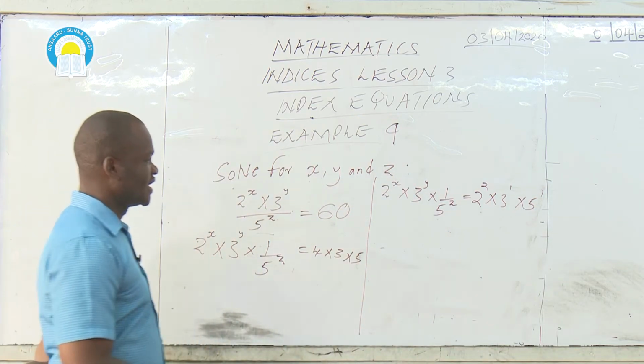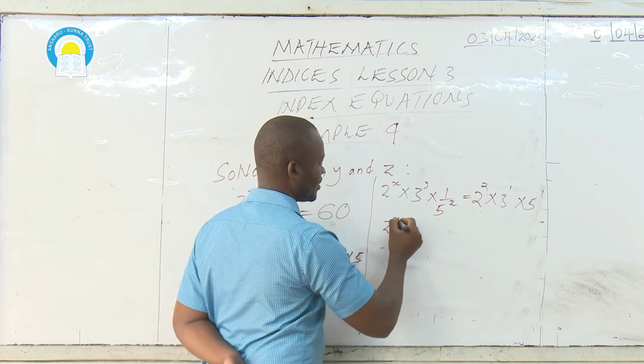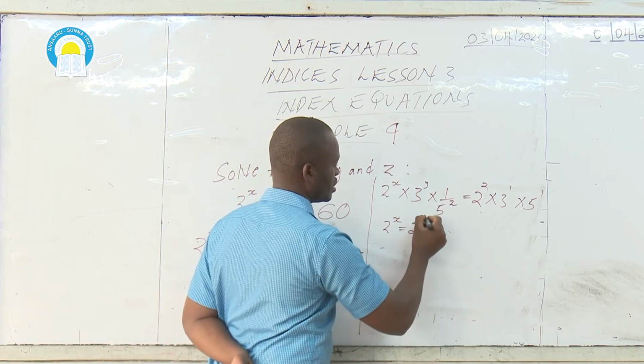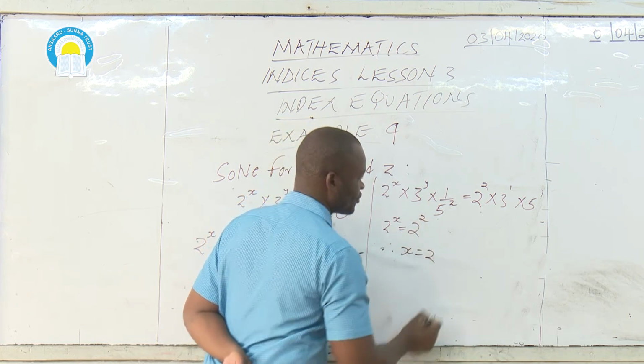If you are keen, how do we get our x? We equate 2 power x to 2 power 2. Therefore, our x will be 2.